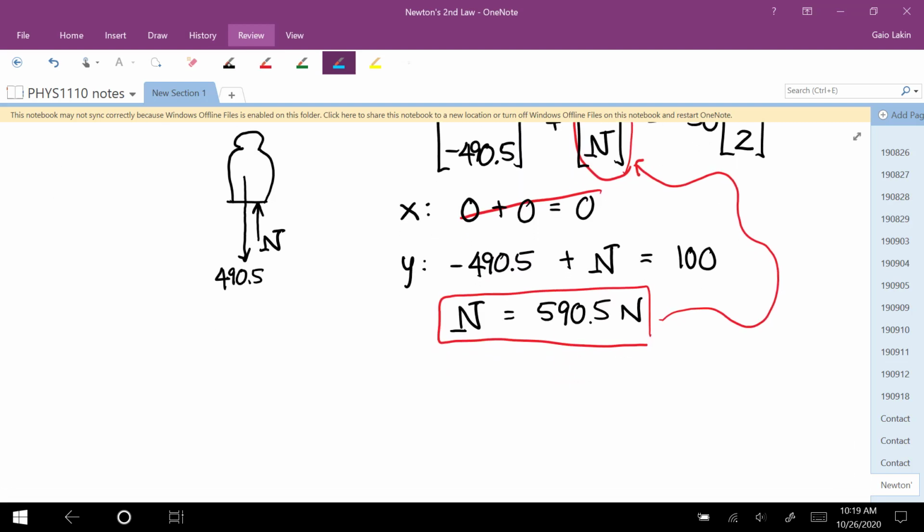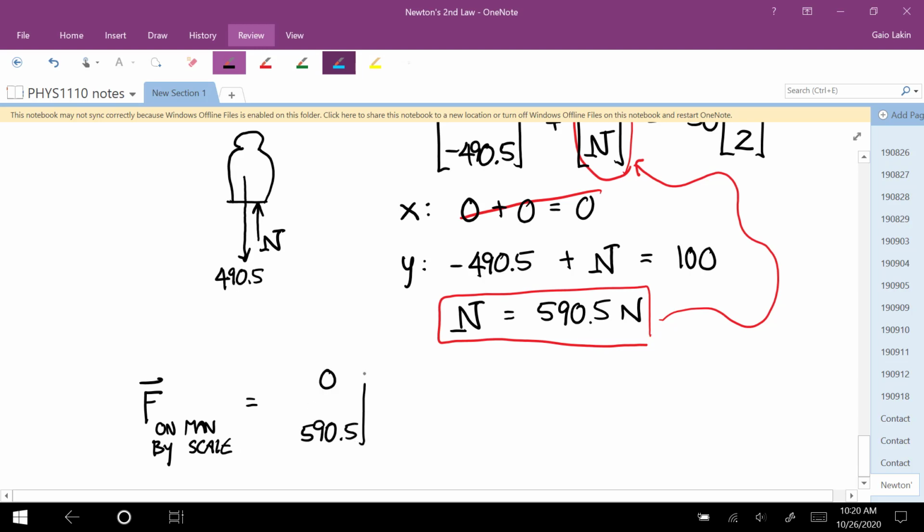So the two possible ways to represent this are that the force on the man by the scale is equal to 0, 590.5. Or you can also think of it as an upward force of 590.5 newtons.